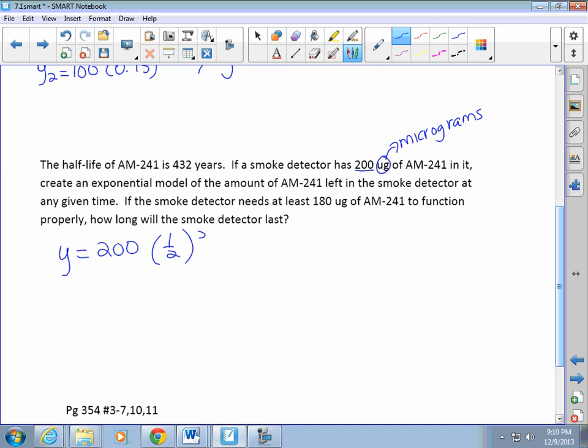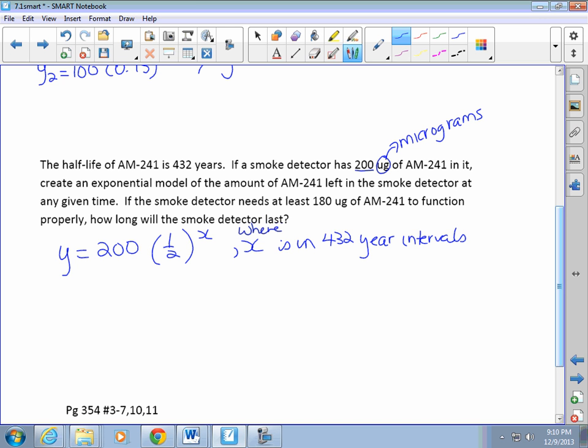So this would be to the power of x, where x is in 432-year intervals. So one interval is 432 years, two intervals would be 864 years.